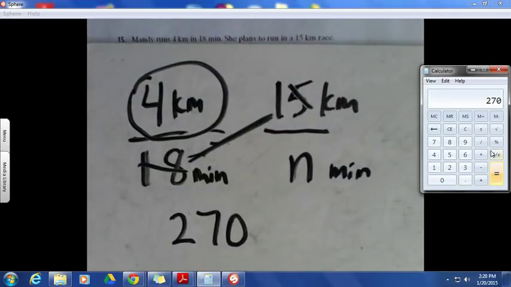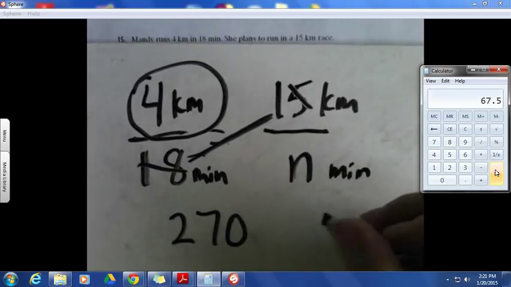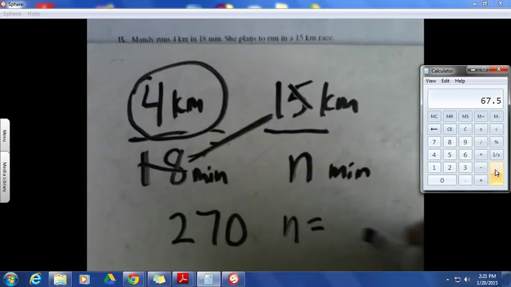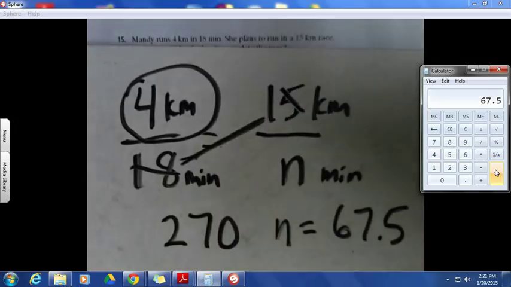My leftover is 4, so I'm going to divide 270 divided by 4, and I get N equals 67.5. So 67.5 minutes is how long it would take Mandy to run 15 kilometers.